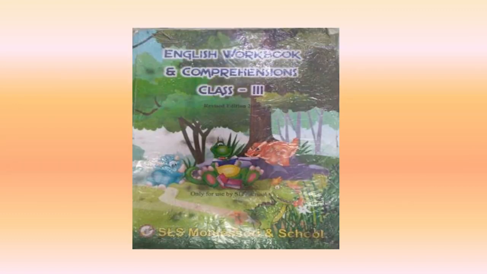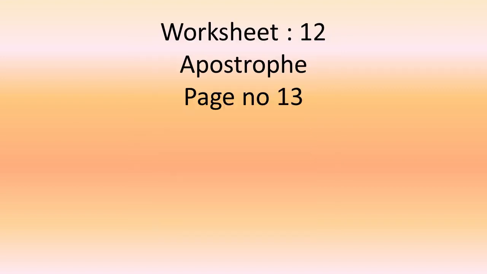Now, as you are much more familiar with apostrophe of possession, let's open our books. Please, children, open your English Workbook and Comprehension Class 3 by SLS Montessori and School. Open worksheet number 12, apostrophe, page number 13.